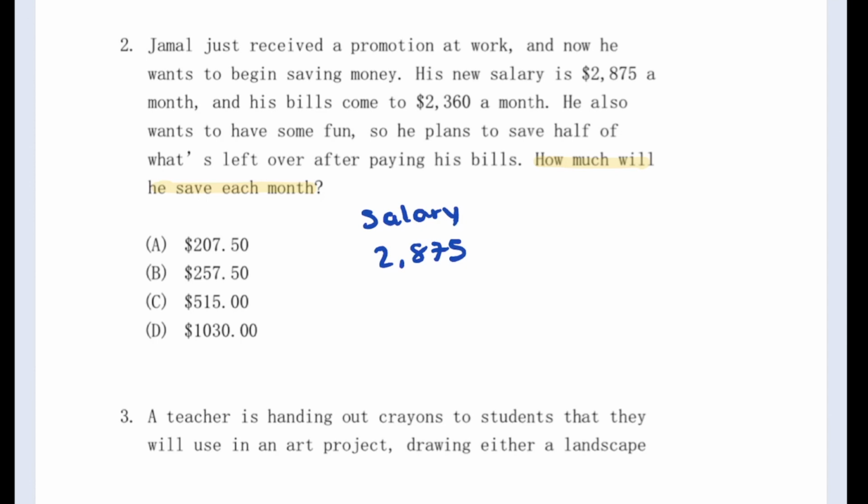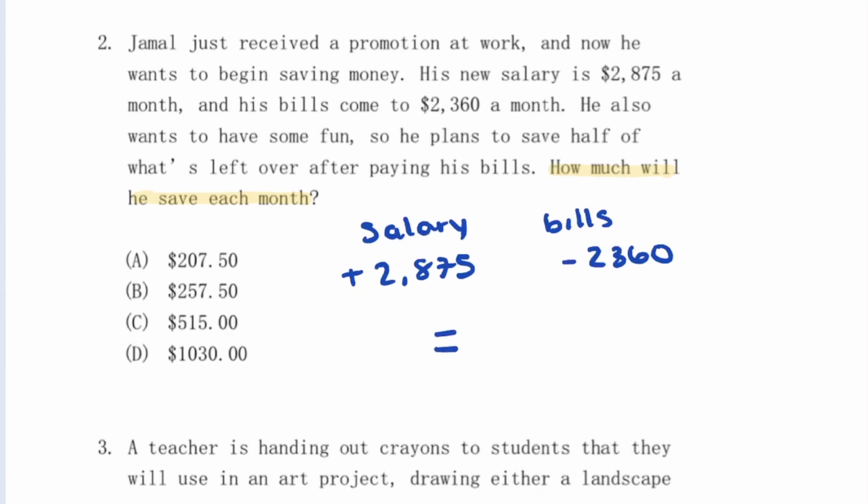So we know his salary is $2,875. Positive, so he's making that in. We know that his bills, which are going to be a deduction, is $2,360. So we want to subtract this from his salary, which is going to give us $515.